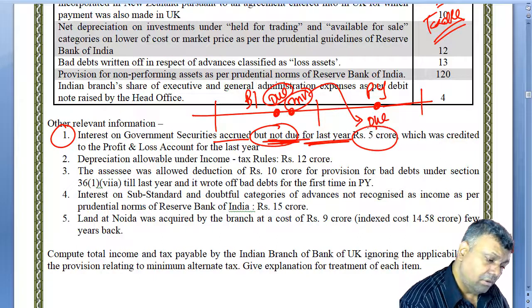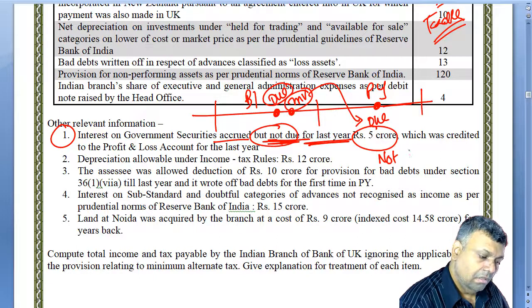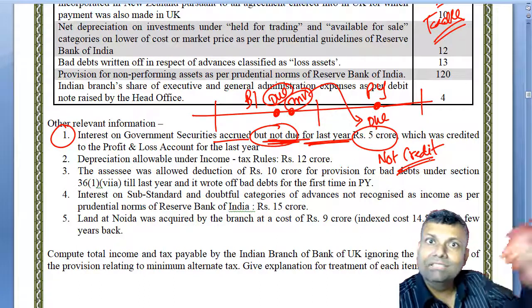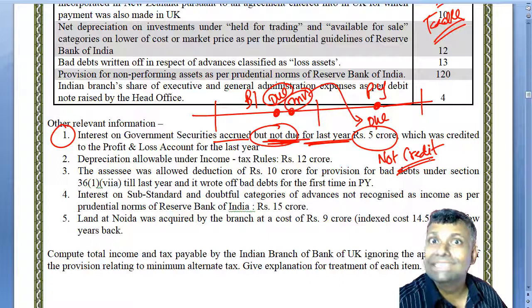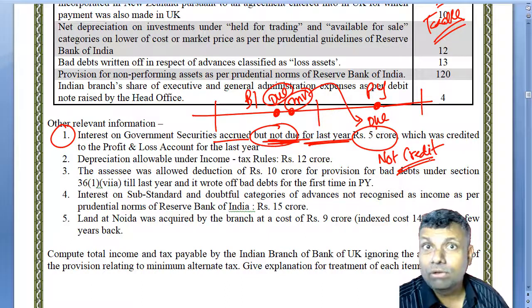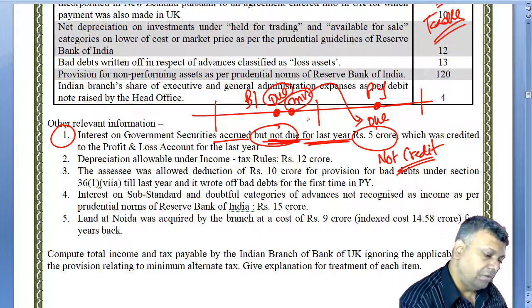So this 5 crores is not credited, because last year it might have been credited on the accrual basis in the books of accounts. These 5 crores is not credited because this 5 crores was already credited here in the previous year.